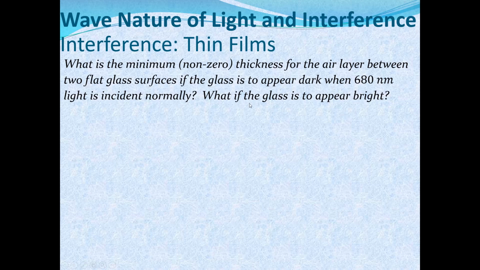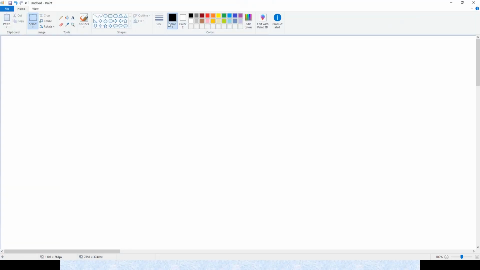So they say that there's an air layer between two glass surfaces. What that's going to tell me is that I end up having a single hard reflection. So let me pull up a picture.